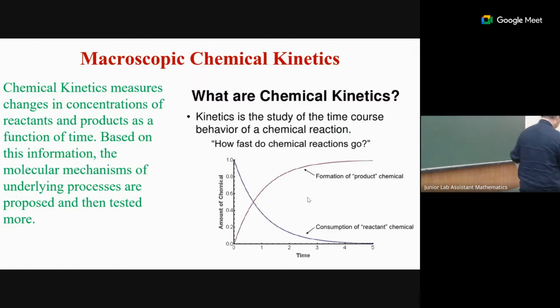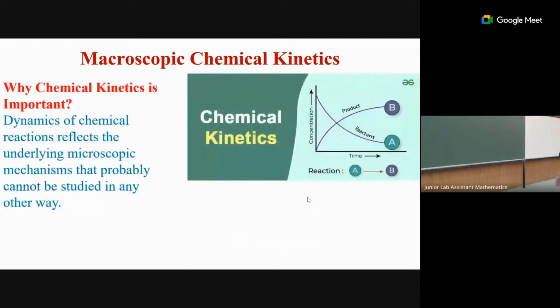Schematically, the concentration of reactants decreases and the concentration of products increases. But the devil is in the detail: it's important how this decreases and how this increases, because this reflects the microscopic mechanism.